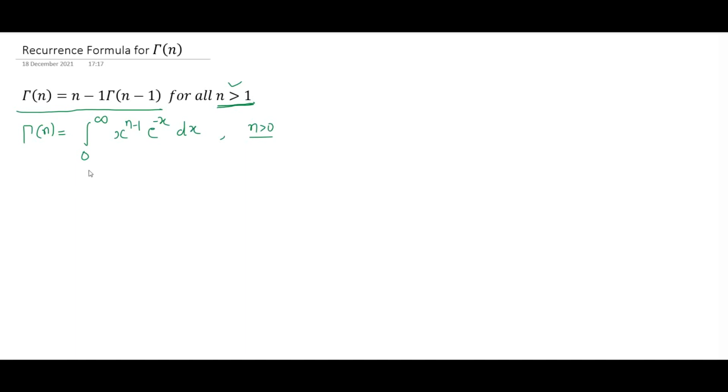Now using the famous formula of integration by parts, this is the first function and this is the second function. Integrate the first function as it is into the integral of the second.